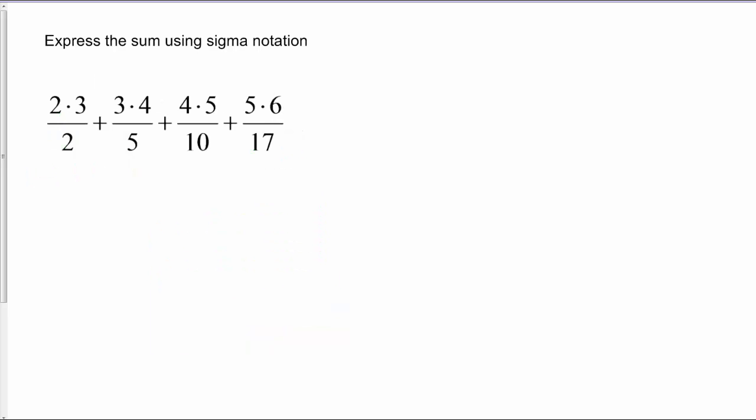Let's continue. Here's another one. I want n equals 1 to generate the first set, n equals 2 to get the second, n equals 3, the third, n equals 4 to get the next. And we've done a couple of these already. You'll notice I need 2 and 3 on the top.